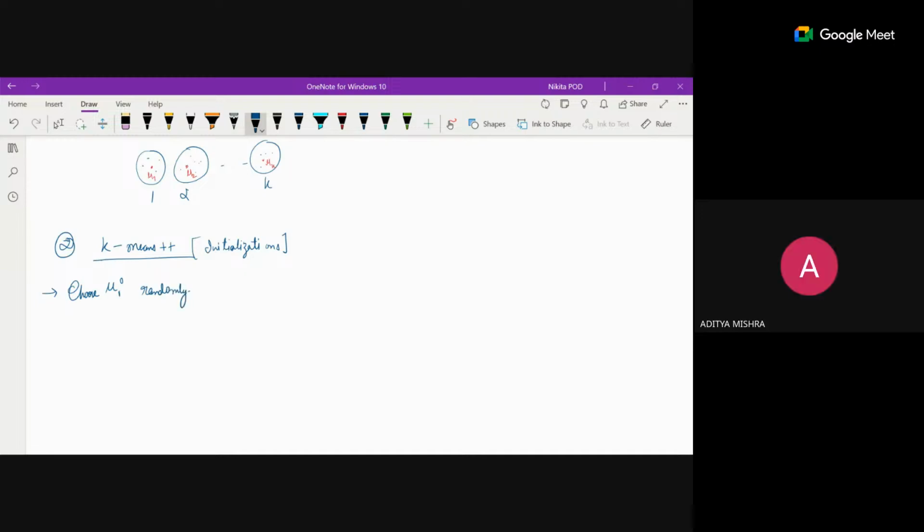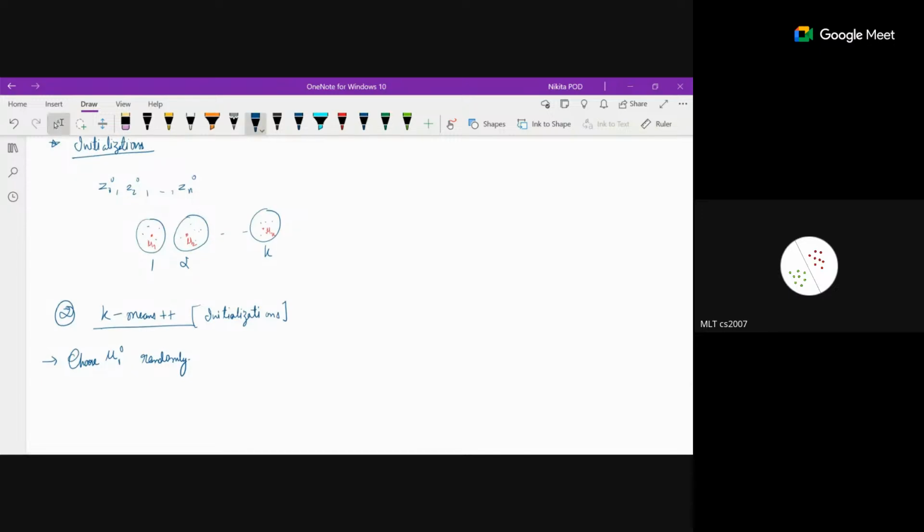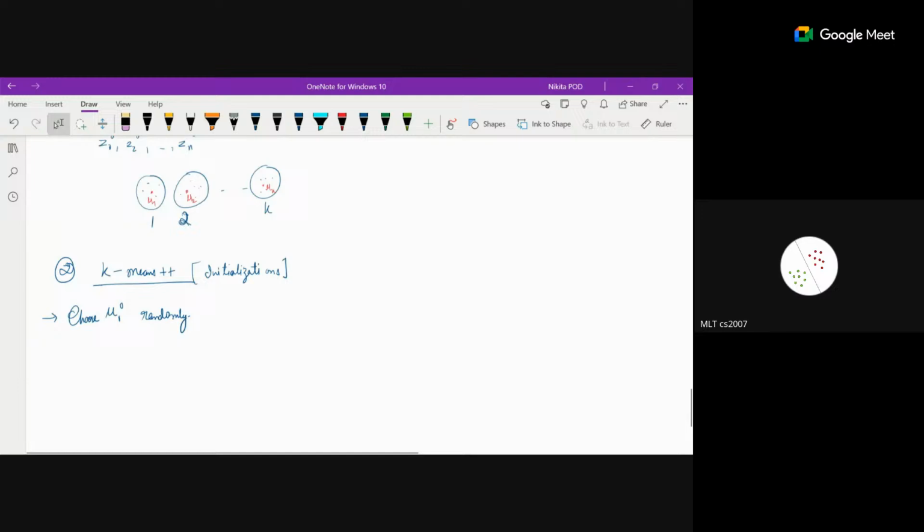If you choose randomly, does it have any drawback? It's not a drawback, I will come to it. Let's first see what we are doing over here in k-means plus plus. Then I'll come to the first one.